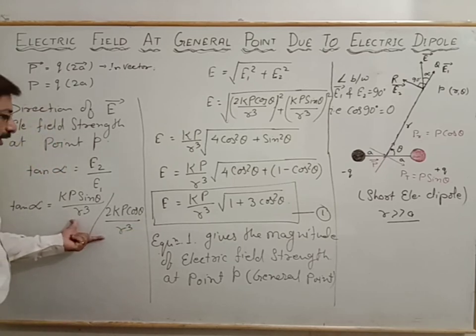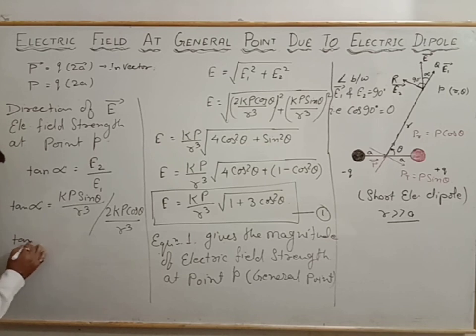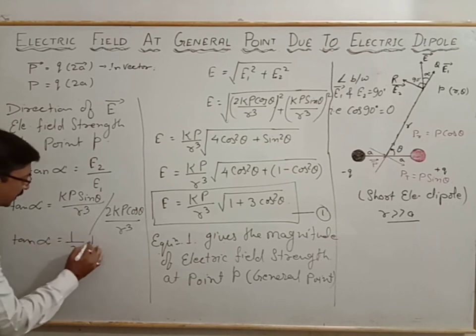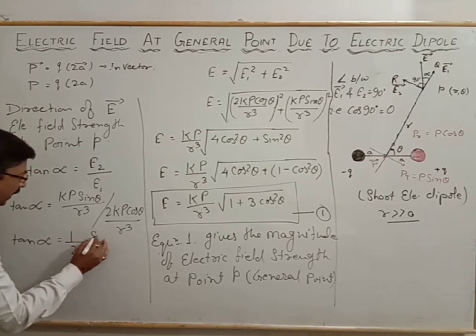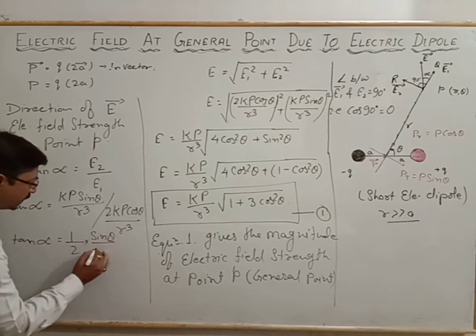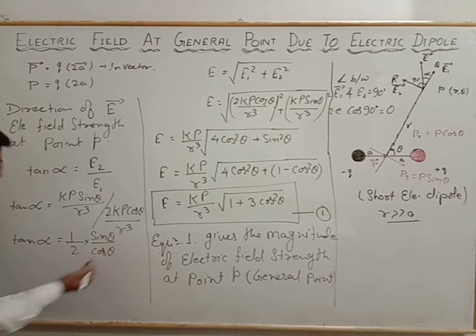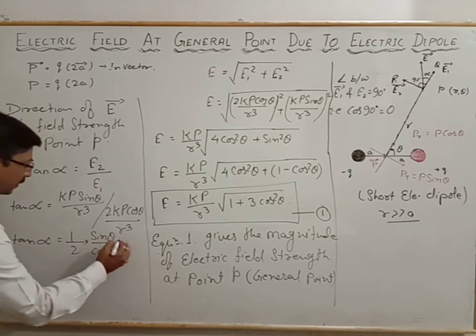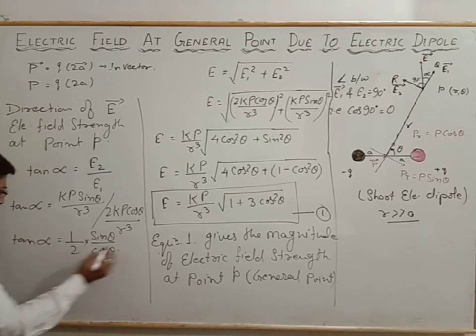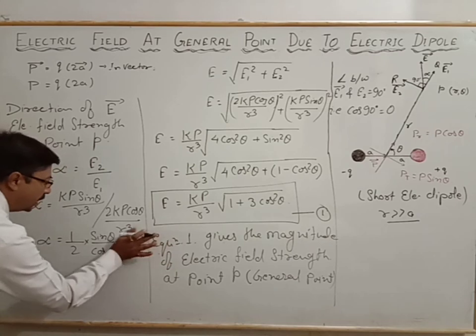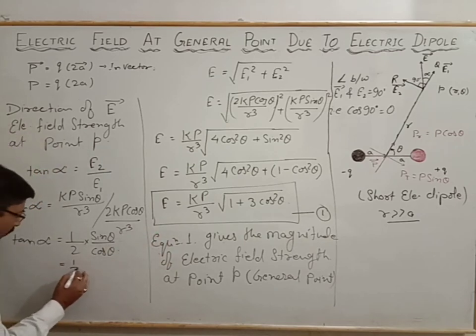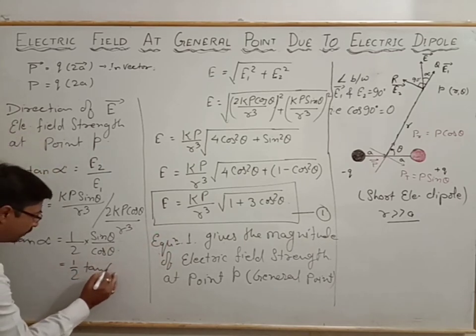Cancelling the common factors, tan alpha is equal to half sin theta by cos theta, that is half tan theta.